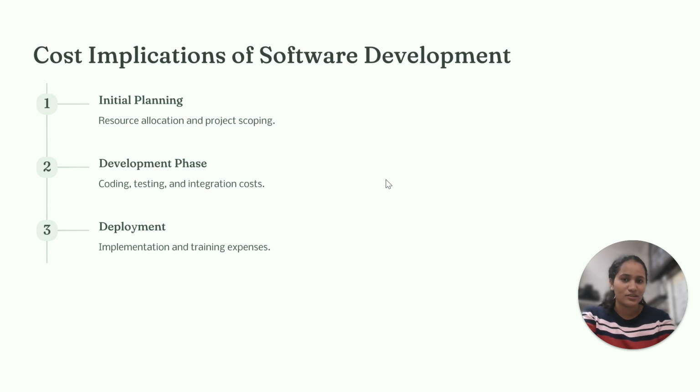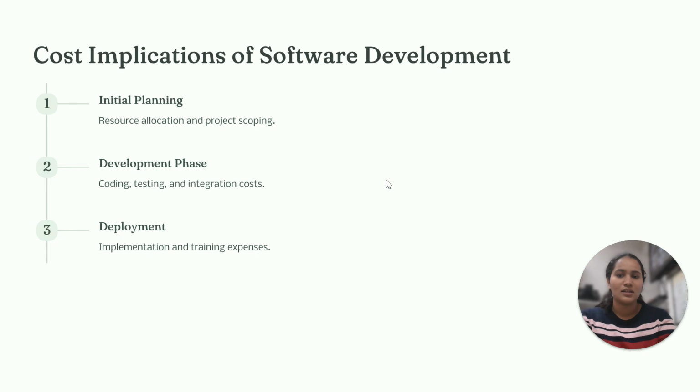Let's discuss that. First, work breakdown structure, WBS. Dividing the project into smaller tasks to estimate the resources required for each of them. Second, function point analysis. Estimating based on the number of functions the software will perform.